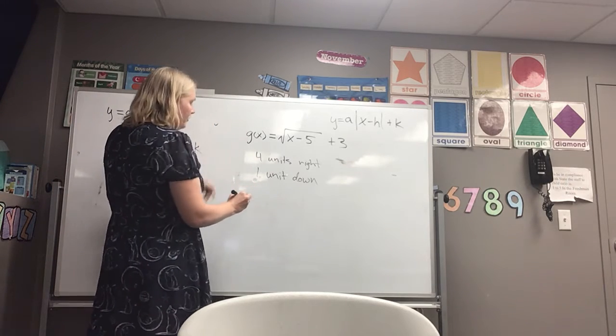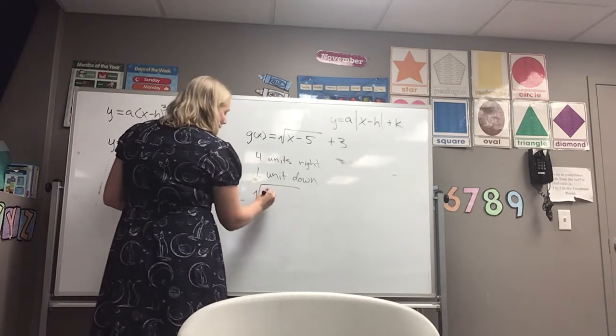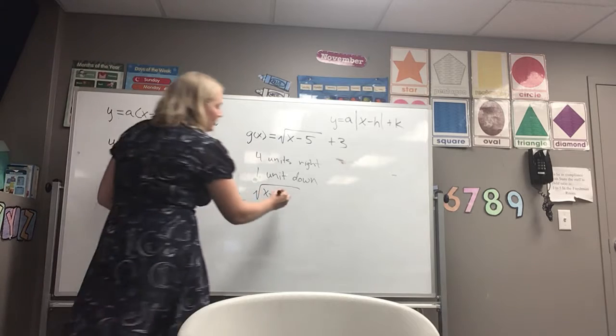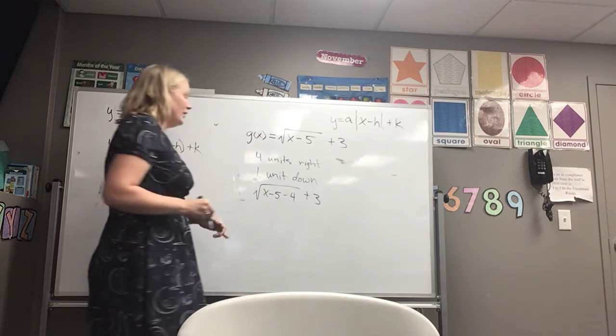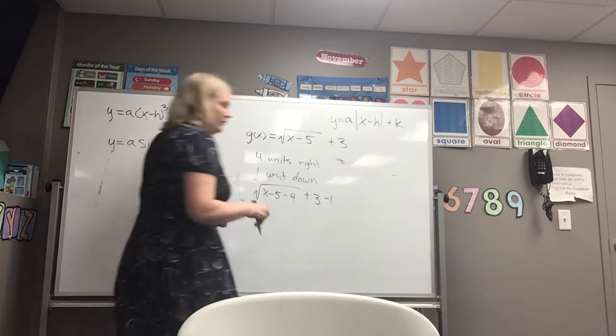We are going to take our function, and if you need to write it out, write it out. X minus 5 can just exist. To go 4 units right, we have to subtract 4. The plus 3 exists. To go 1 unit down, we subtract 1.